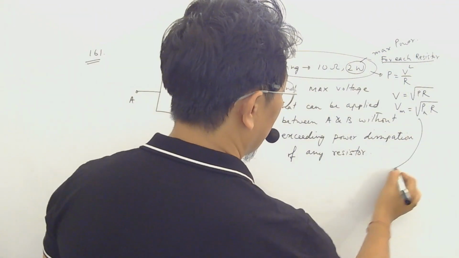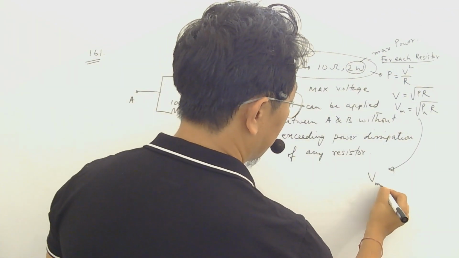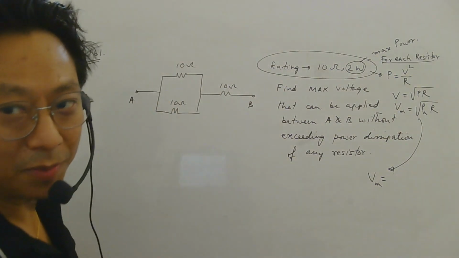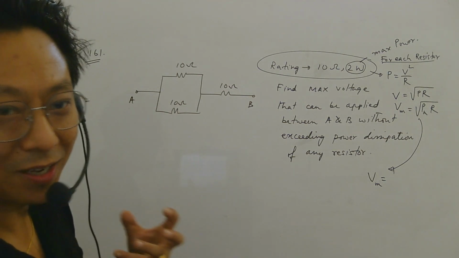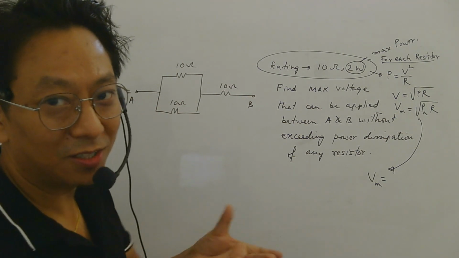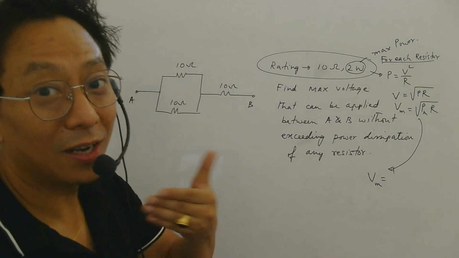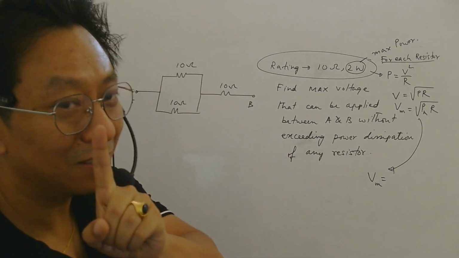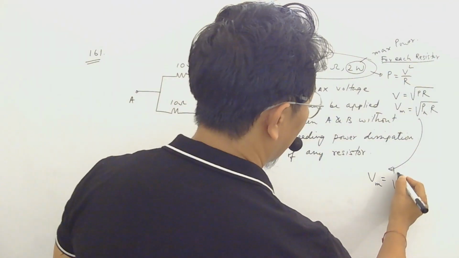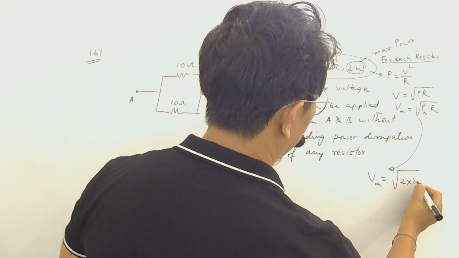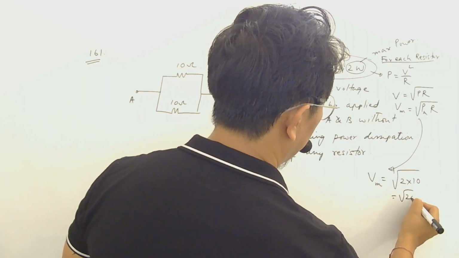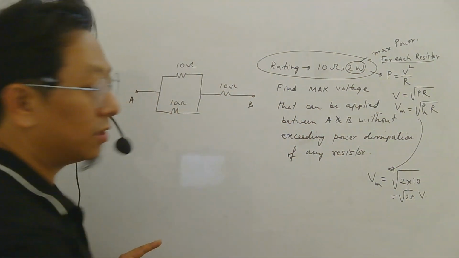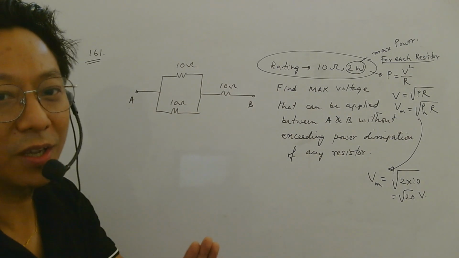So from here, what is the maximum voltage each bulb, or each resistor, can take? The maximum voltage that we can apply for each resistor will be under root 2 into 10, which is under root 20. So under root 20 volt at maximum we can apply.